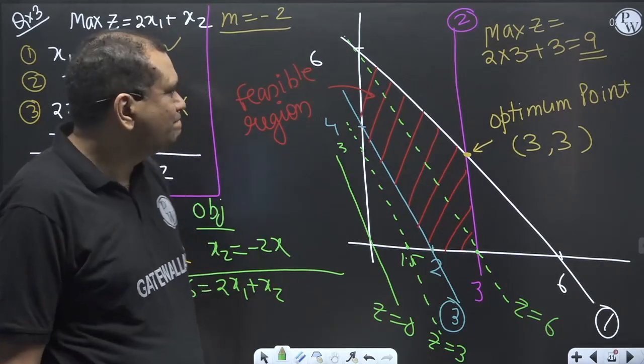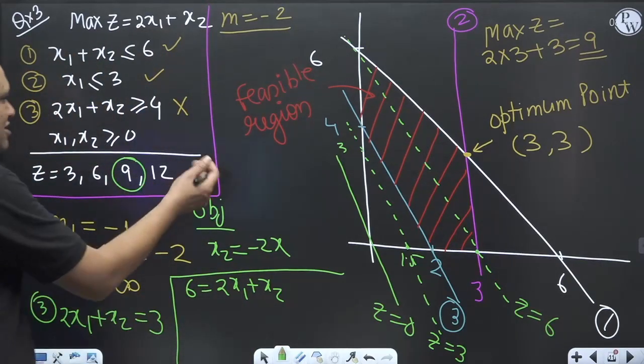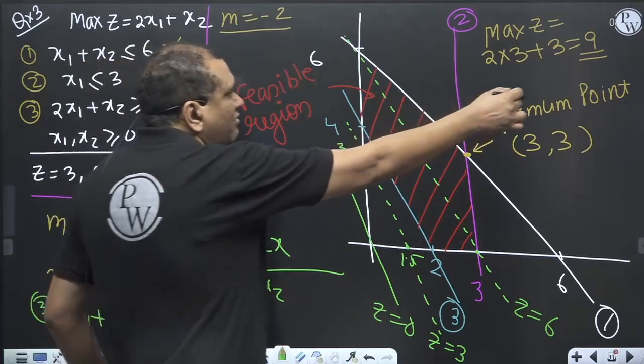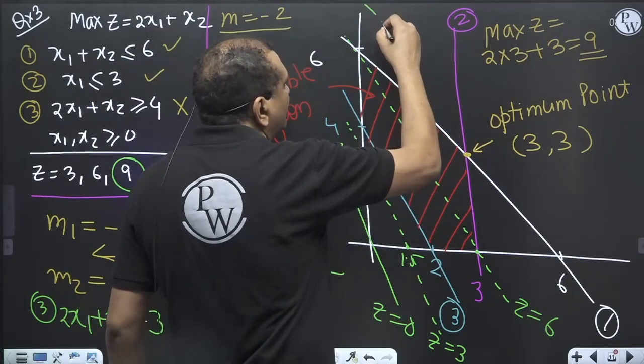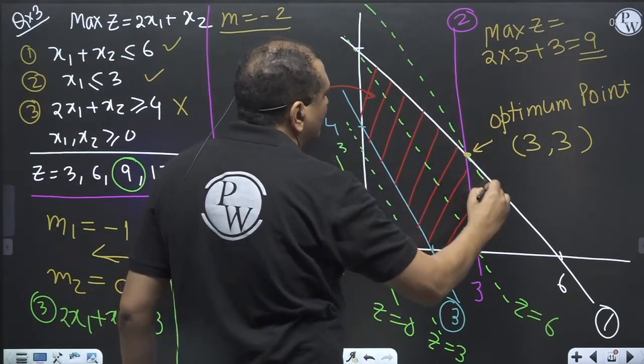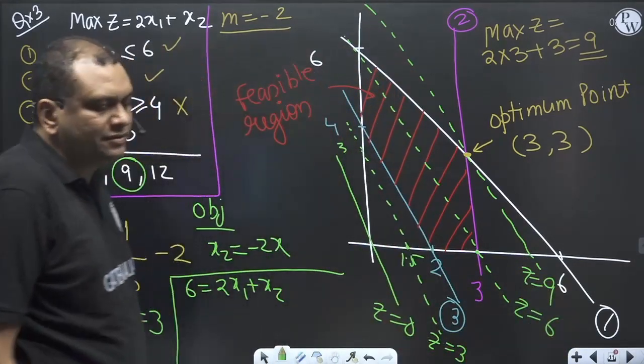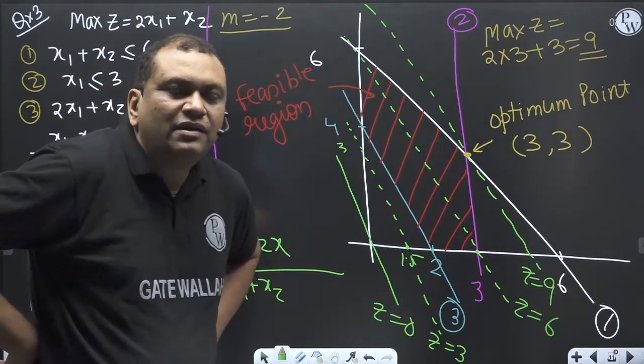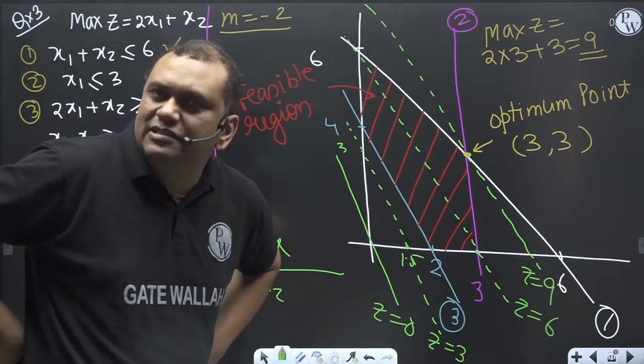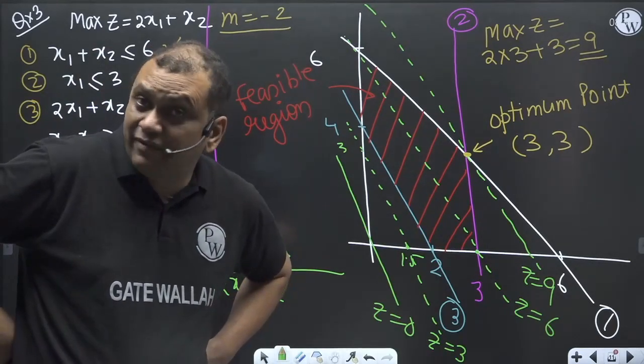Correct? 9 is optimum because 9 we have calculated, it's an optimum one. 9 is the optimum feasible solution.